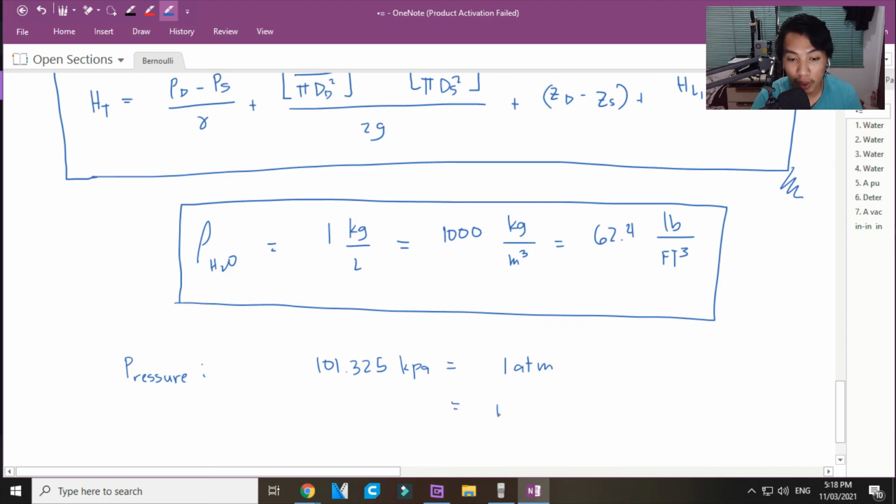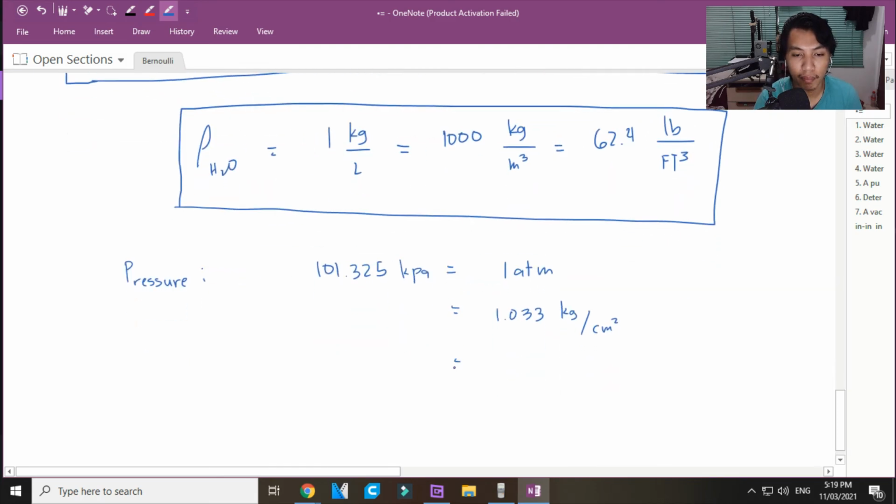Ilan? 1.033 kilogram per cm squared, 10.33 meters of H2O, 29.92 inches of Hg.